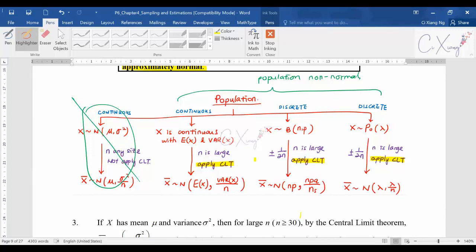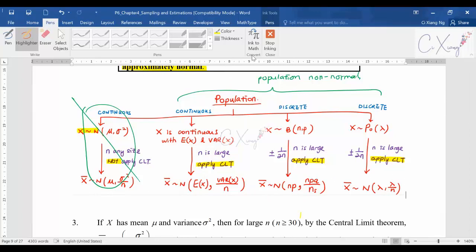To decide, it is very easy. You just look at the population. If the population is normal, then you do not apply the central limit theorem. If the population is non-normal, then you have to apply the central limit theorem. After they ask you to find the probability and everything, they will ask whether you apply the central limit theorem or not in this example. So this is something you need to know.